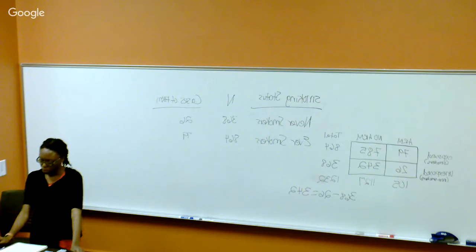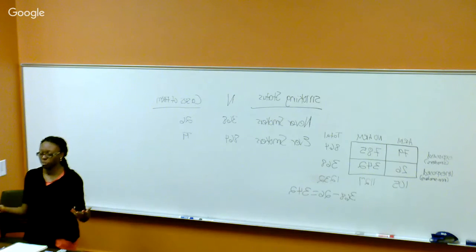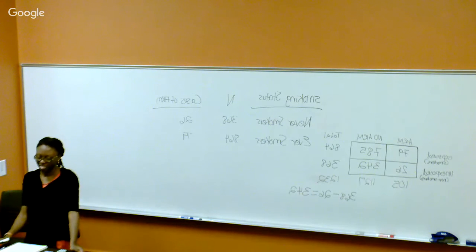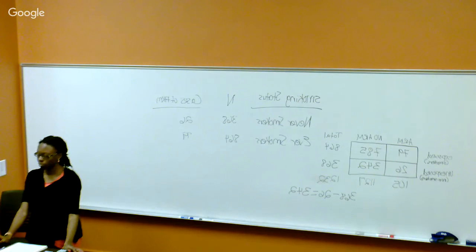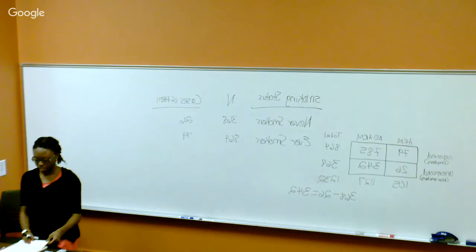Does anyone remember the formula for risk, or what is risk in general? I know that it's related to incidence. Mm-hmm. Yes, it is related to incidence. So I know we should find the denominator.